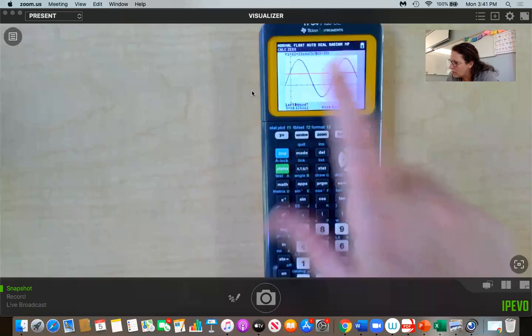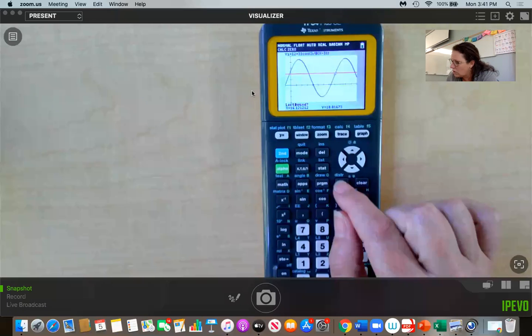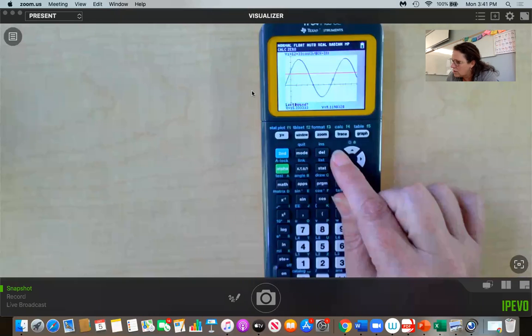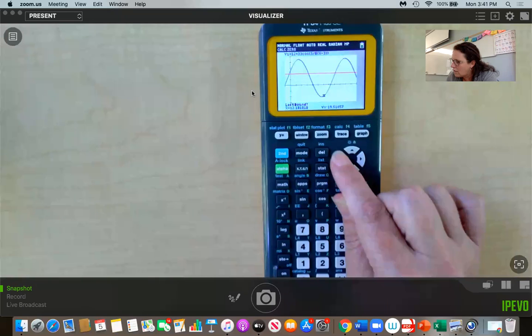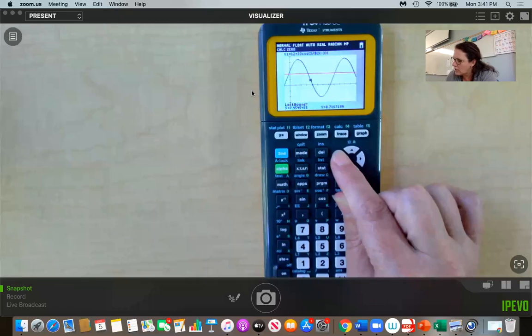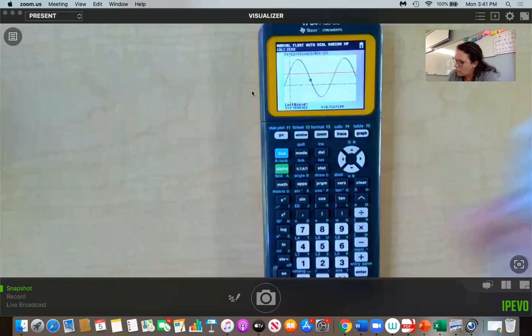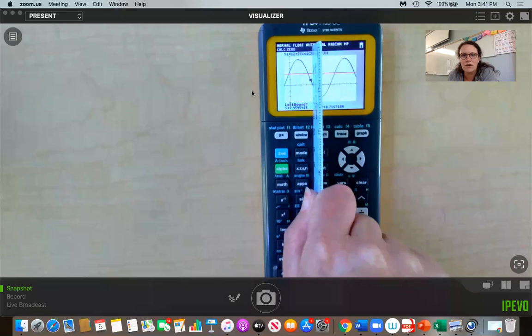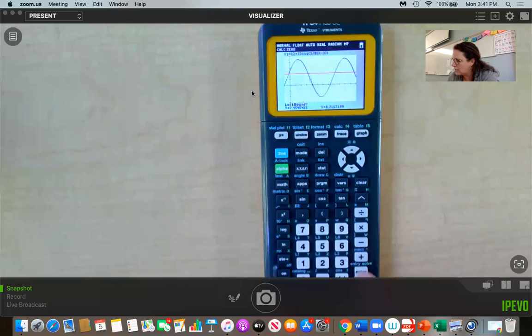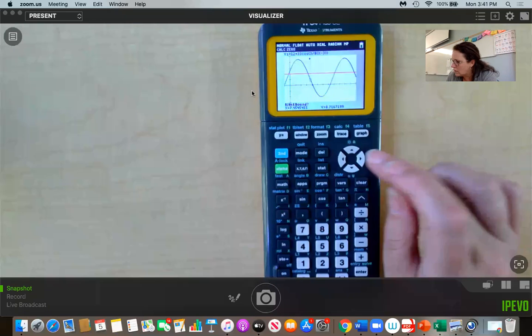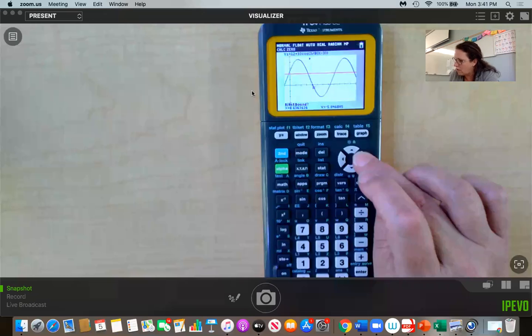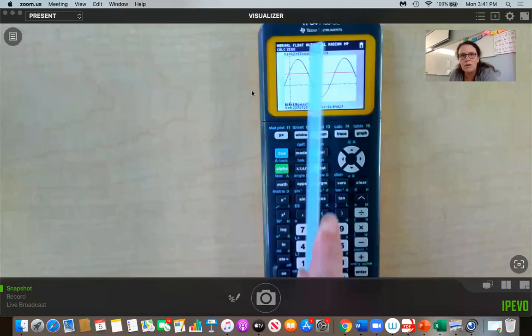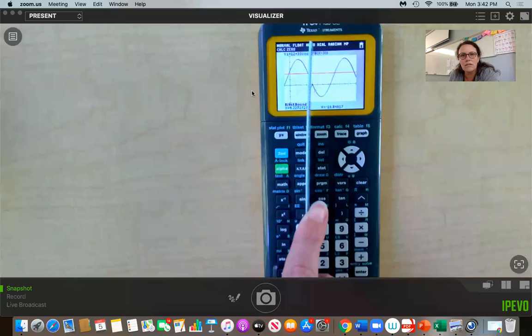At the bottom, it says left bound with a question mark. You need to move your little cursor somewhere to the left of the x-intercept that you're trying to find. If you imagine a vertical line right there, you want your cursor to be to the left of that vertical line, which right now it is. So I'm going to press enter. Now it's saying right bound. I want to move it so that it is to the right of that vertical line, which in this case you can see it's right there.